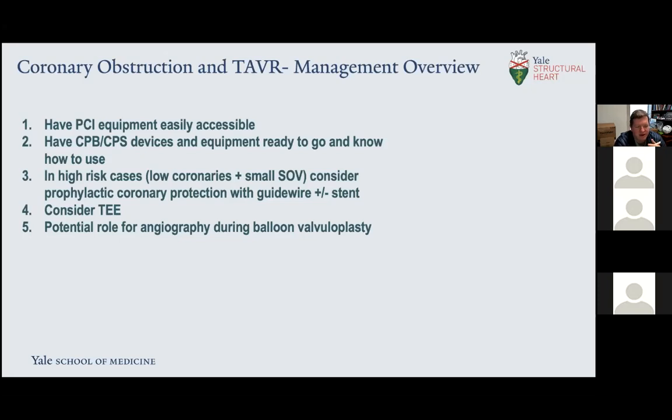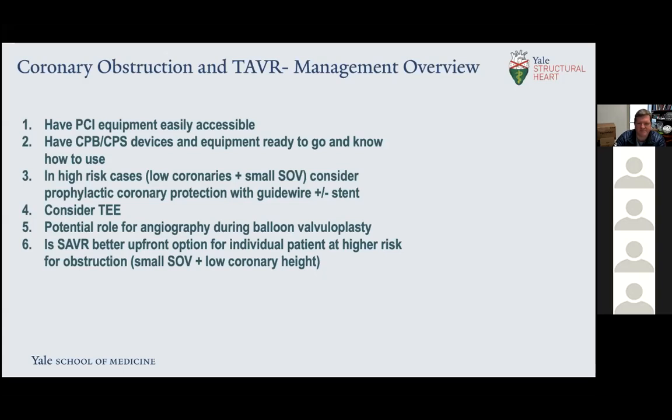But I will highlight that even if you still see flow down the coronaries, that doesn't necessarily mean you're going to be totally safe when you do the TAVR and not obstruct the coronaries. But if you do see that you've obstructed flow during your balloon valvuloplasty, you really need to reevaluate how you're going to move forward from there.